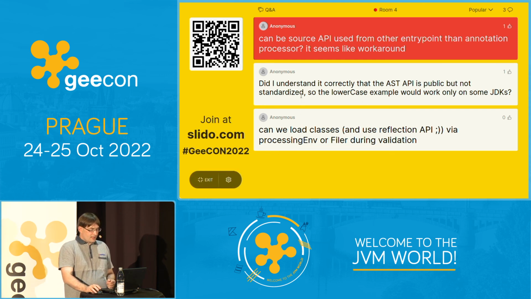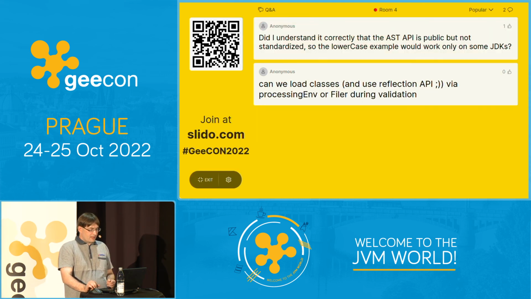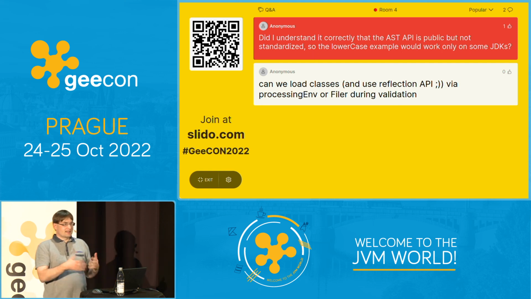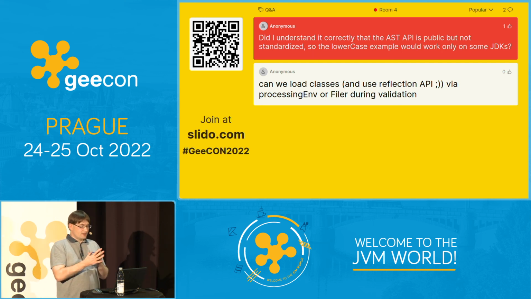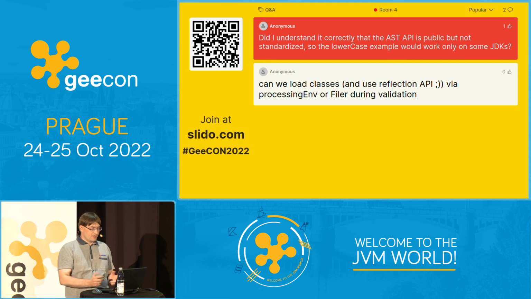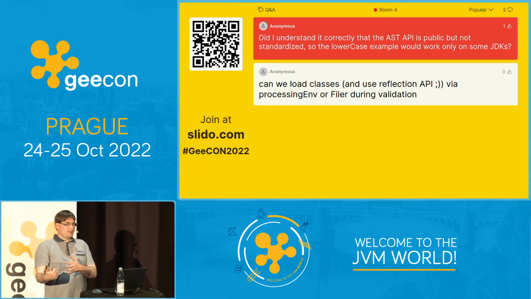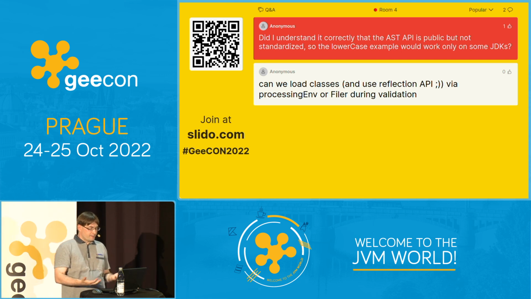Did I understand correctly that the AST API is public but not standardized? So yes. It's not standardized in the same way as the Java language model API or the annotation processing API, but it's public inside the JDK. So if you are fine with using JDK specific APIs, then it's there.